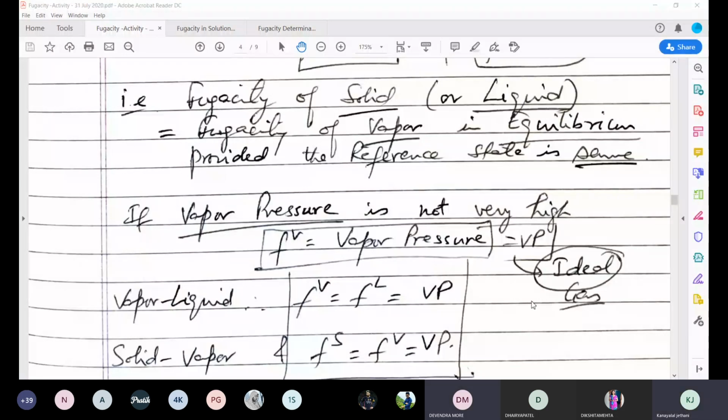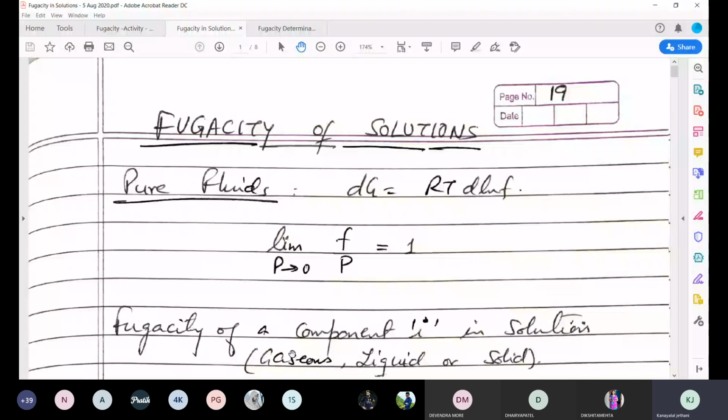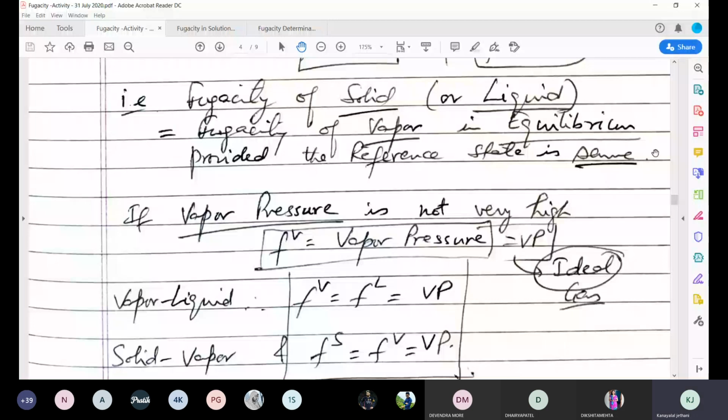It will be the same. See, whatever you define as the reference state for the liquid phase, that same thing has to be used for the solid phase. That's what it means. Whatever reference state we define, it is going to be the same. Generally, we define the reference state at the same temperature and same pressure, for the liquid phase as well as for the solid phase. Then only we can say it is the same.